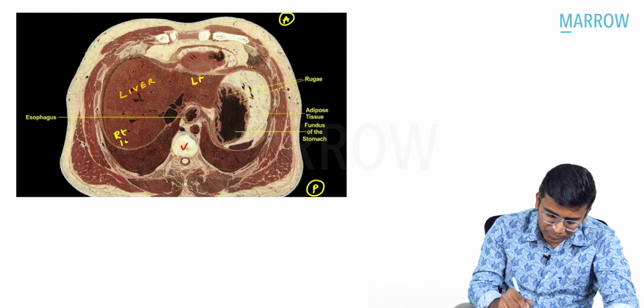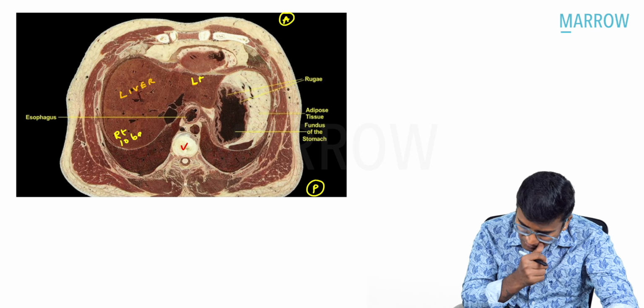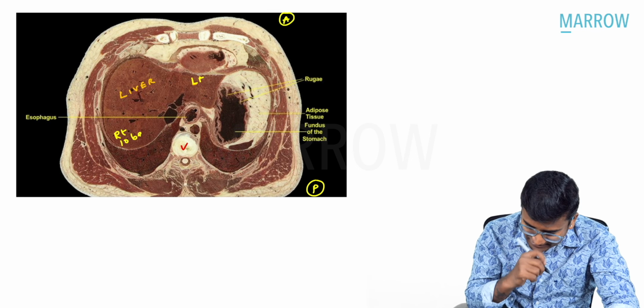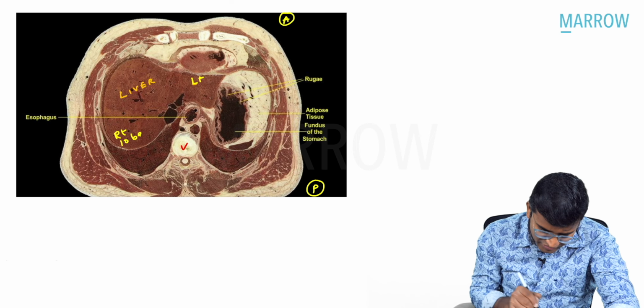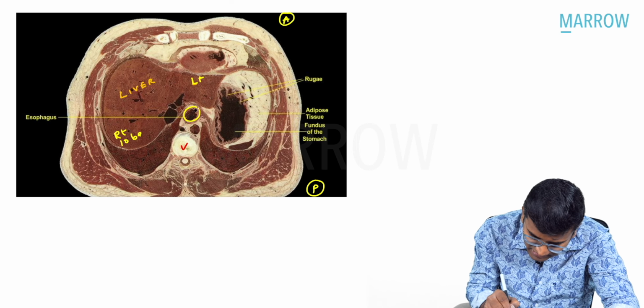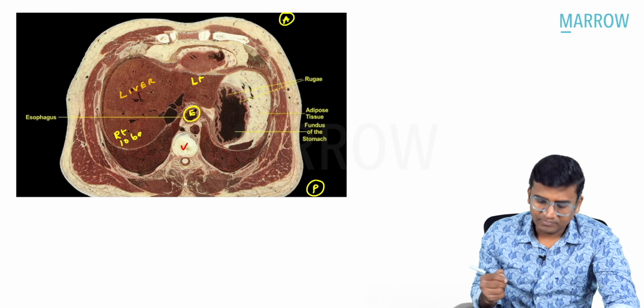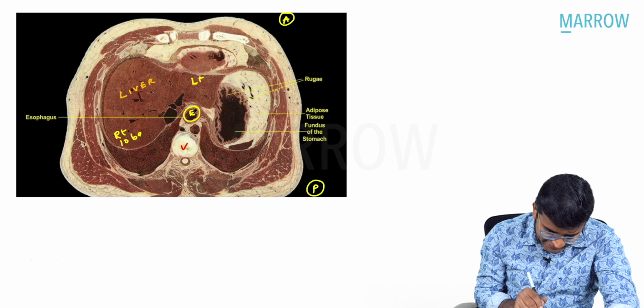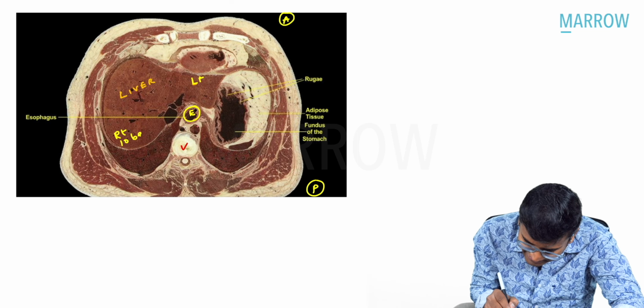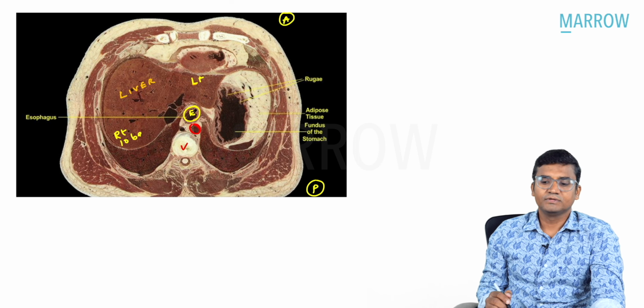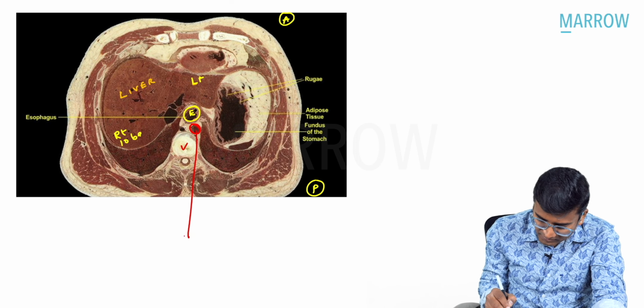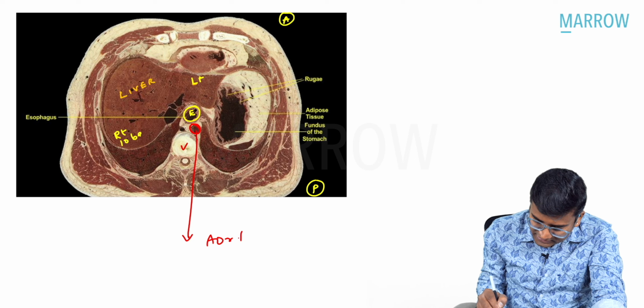Now, see the diagram. Just in front of the vertebra, you are seeing the esophagus. Esophagus already marked. And below the esophagus, we are seeing the artery here. Yes, that is your aorta. So esophagus, and that is your aorta.